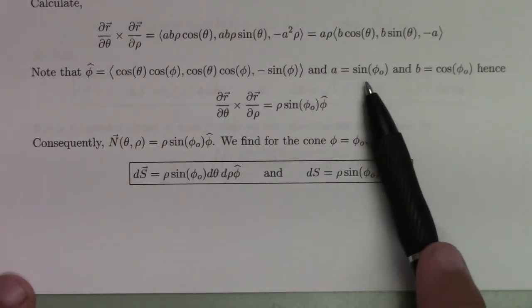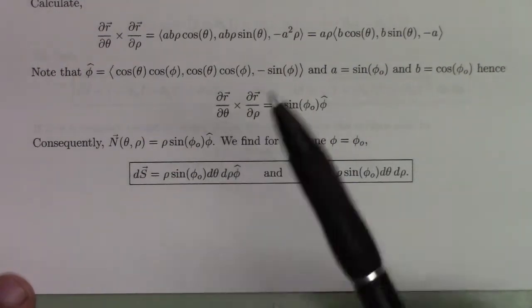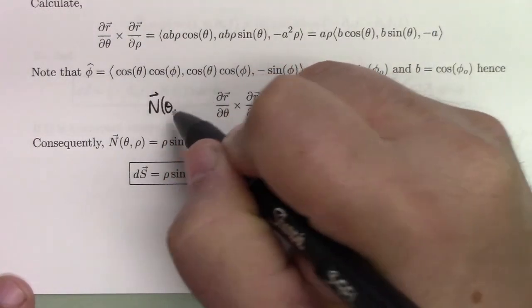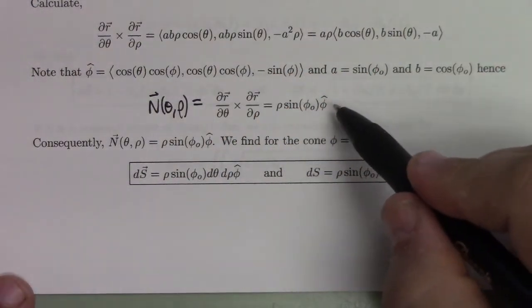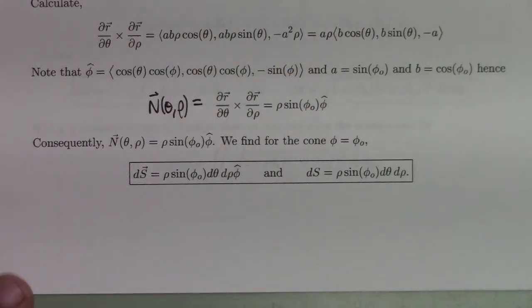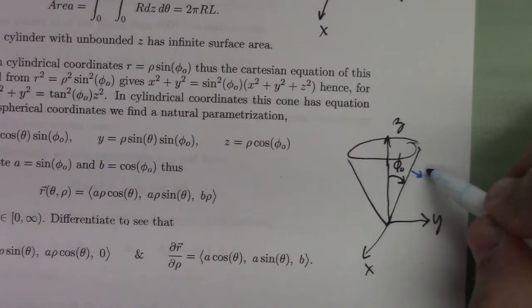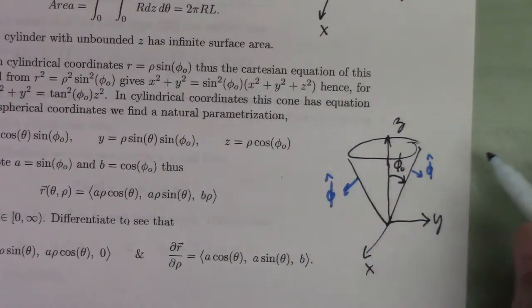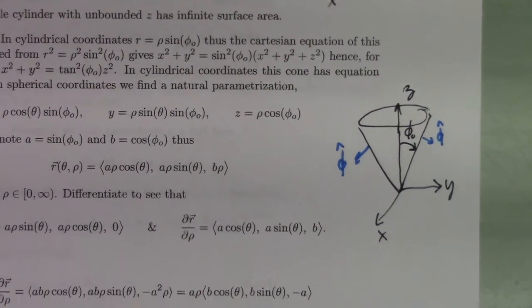So what we have is that the normal vector field, given with respect to theta and rho, is rho sine phi naught phi hat, which makes sense. The normal vector to the cone ought to point in the direction of phi hat, because phi hat is the direction of increasing phi. Think about how the cone sweeps down, and phi hat should point in the normal direction for the cone.